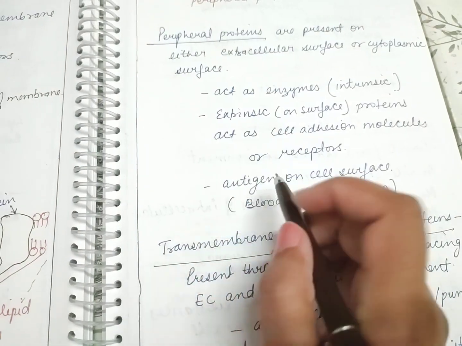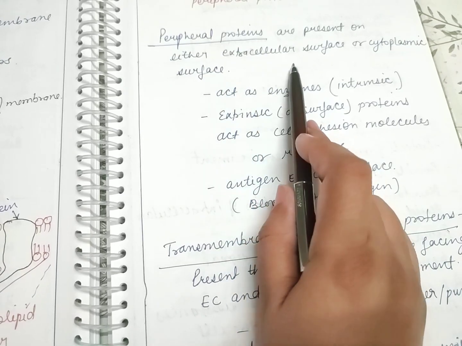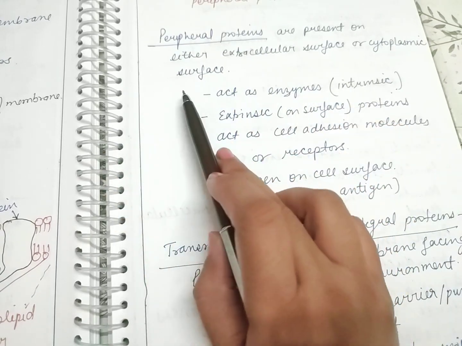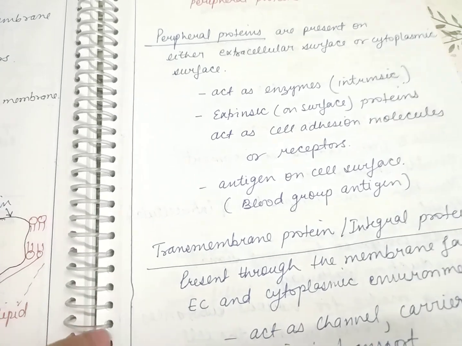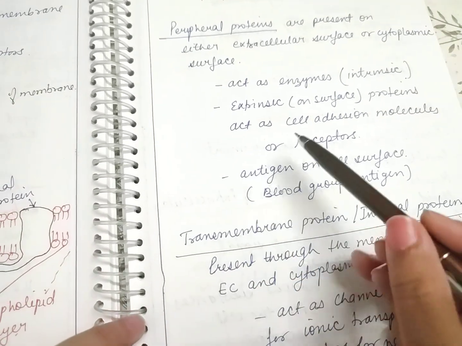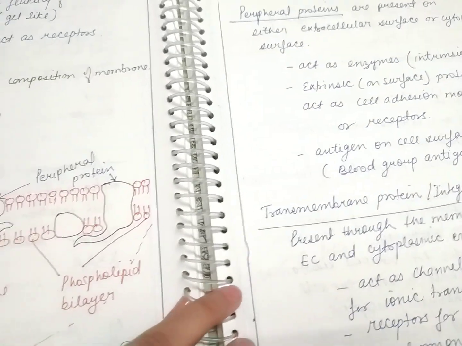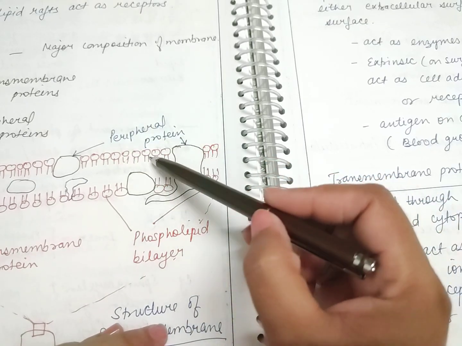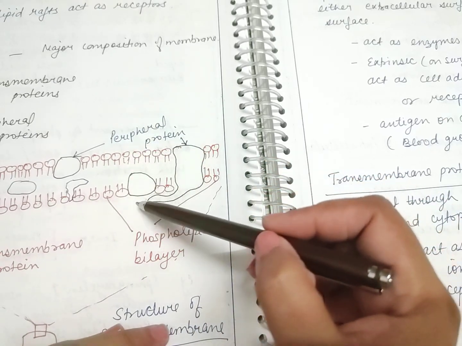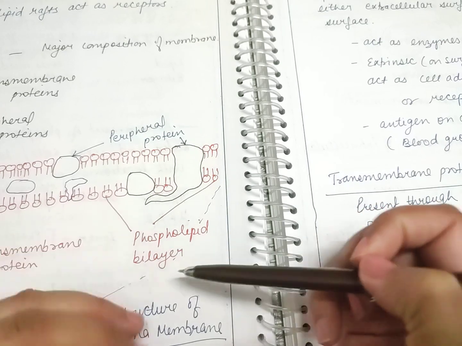Peripheral proteins first, they are present on either the extracellular surface or intracellular, as we have seen in this structure. So what they basically act as is enzymes. For example, a hormone is acting on the membrane, and it is basically going to produce various proteins in our body for various functions.